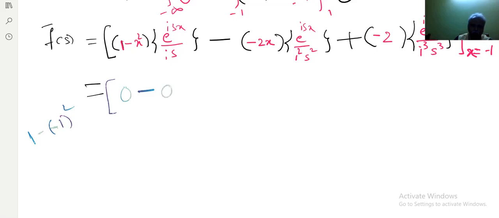So the first term becomes 0 actually. So let me write the first term is 0.